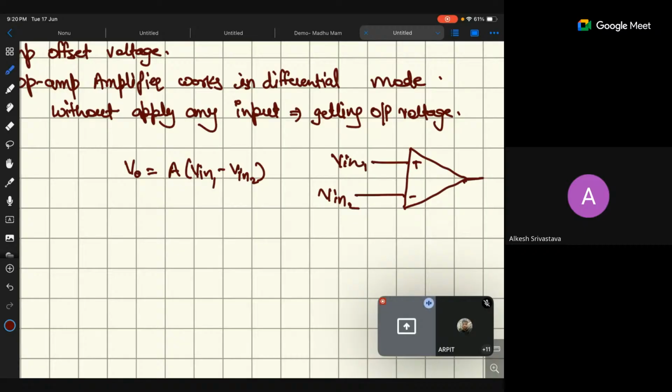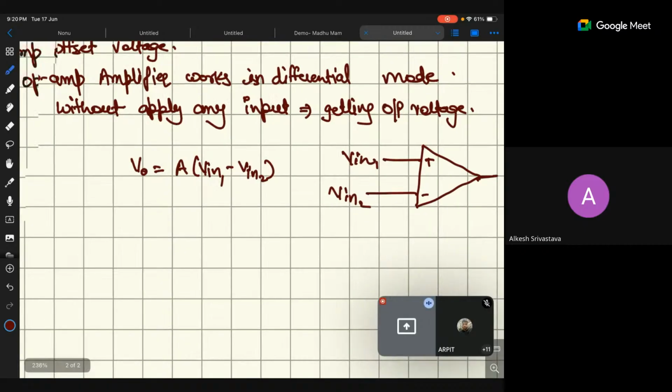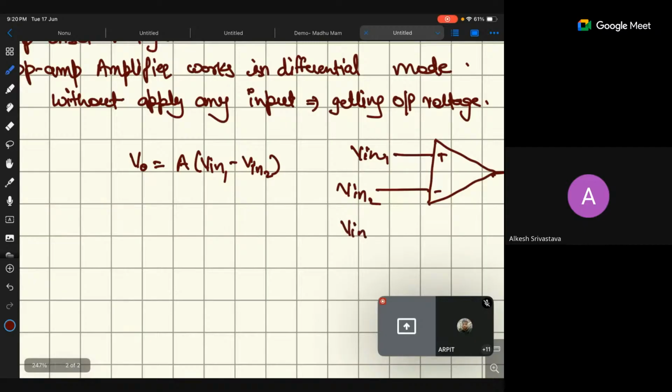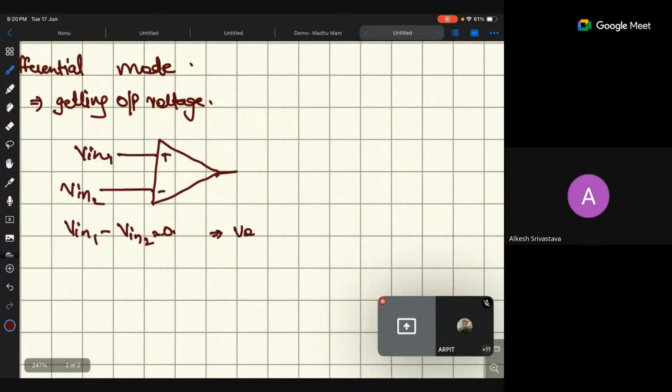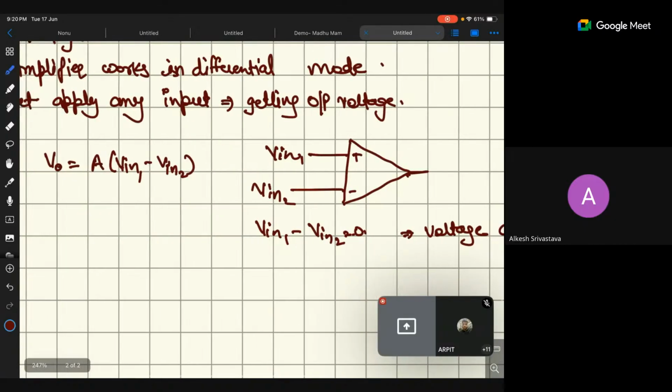Now if V in 1 minus V in 2 is 0, that means the voltage applied at input is 0. So V out is A times 0, that is 0.